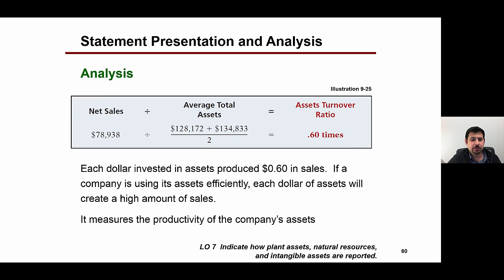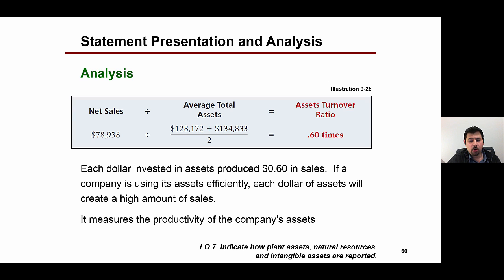Now to analyze the assets turnover, companies use the assets turnover ratio, which is calculated by dividing net sales over the average total assets of the company. And basically what this ratio tells us is how much each dollar invested in assets would generate in net sales.